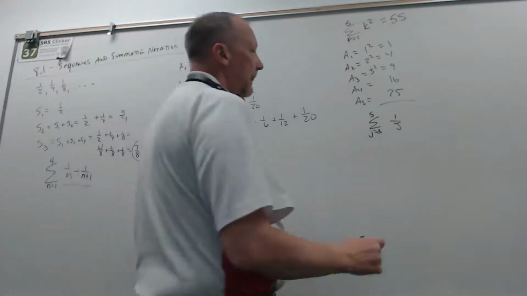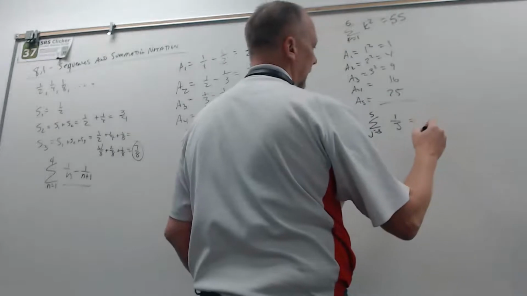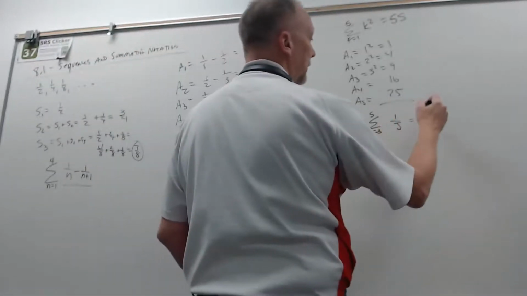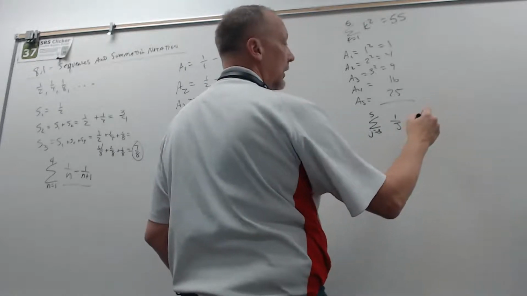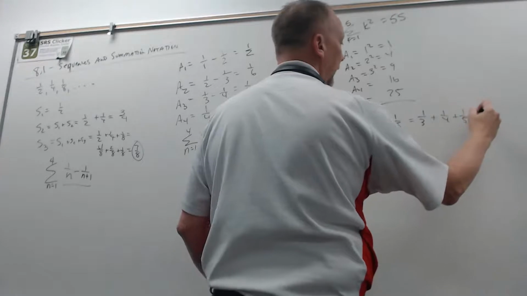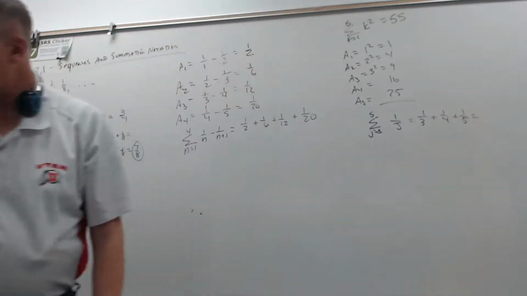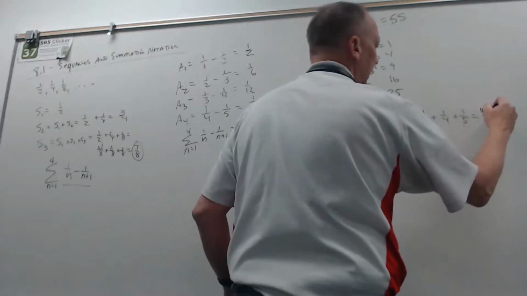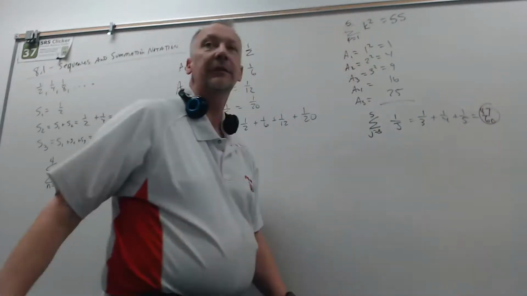You would have to find j of 3, 4, and 5. So this would be 1 over 3 plus 1 over 4 plus 1 over 5. And when we get our nice common denominator, we would easily get 47 out of 60, as everybody knows, right?